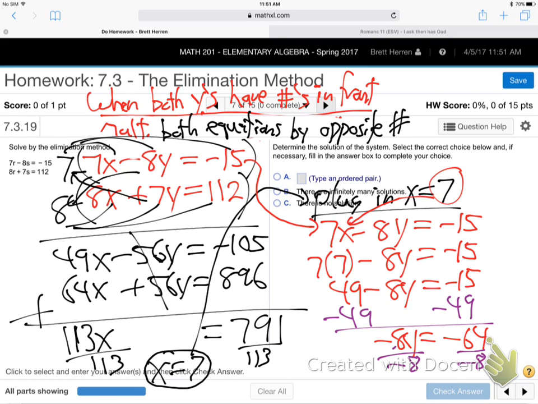Same sign, same everything. Negative 8. So when all is said and done, y is positive 8, isn't it? Positive 8. So the final answer is 7, comma 8, x, comma y. So that's a lot of steps.